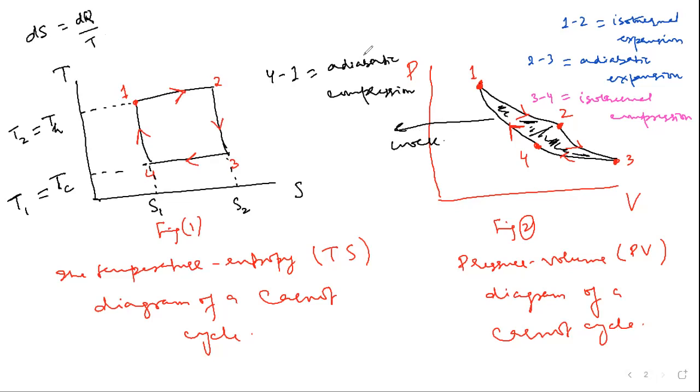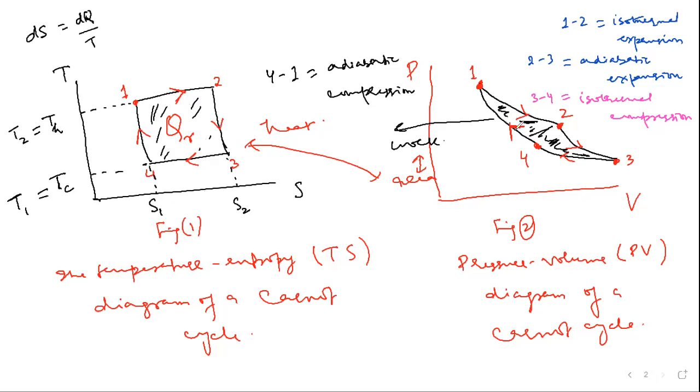So area here corresponds to work. Here, this area corresponds to heat, right? So this area enclosed in this loop is what? I write here capital Q R subscript. That indicates that this area enclosed within this loop represents the net heat put into the system reversibly during this cycle.